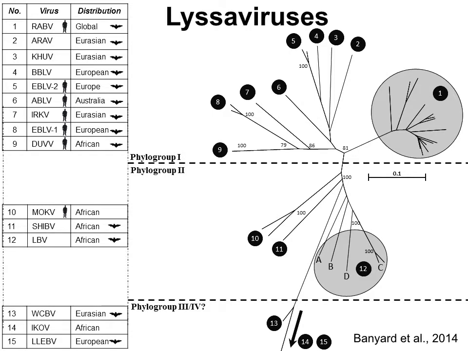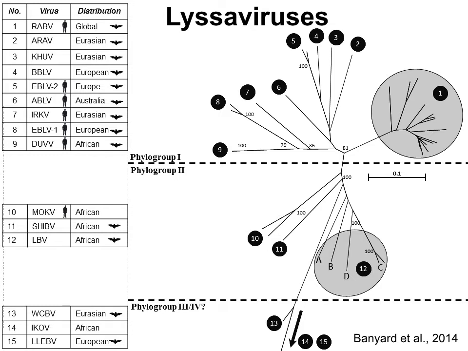If we look at the distribution of lyssaviruses, so these are the various different lyssaviruses, and there are 15 of them. So rabies virus is the prototype or the type species, that's number 1. And the distribution of rabies virus is global.